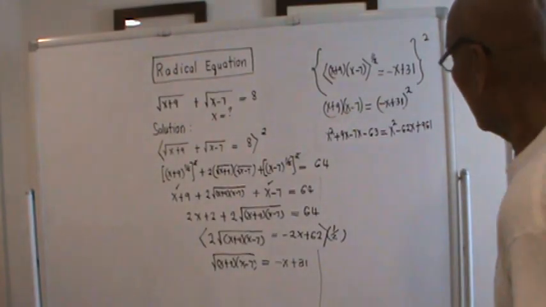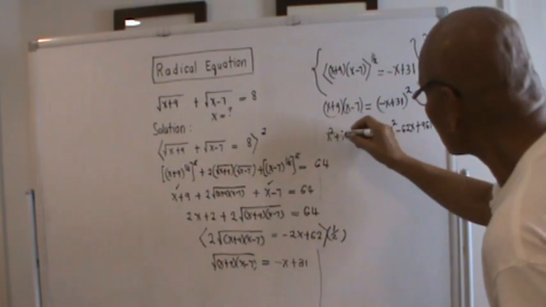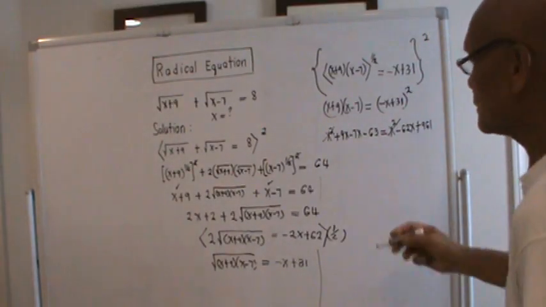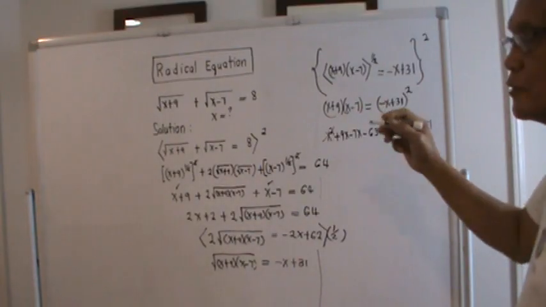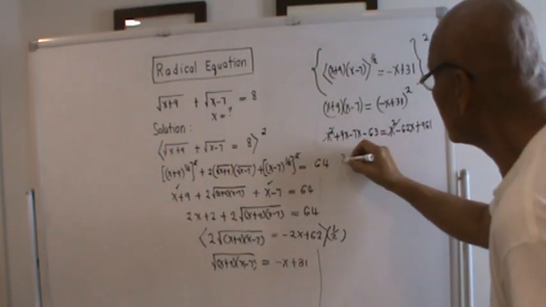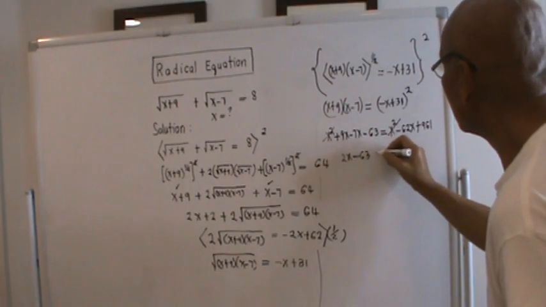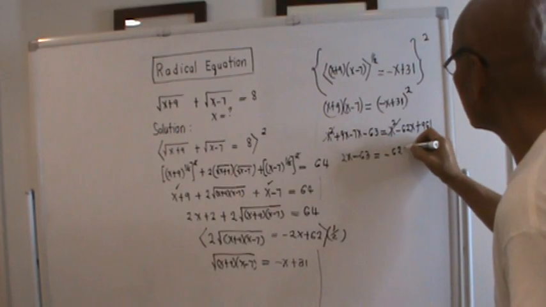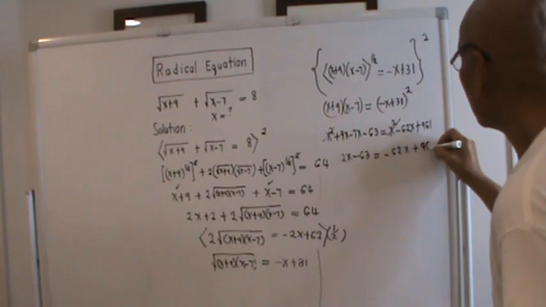If we notice, there is an x squared here and an x squared here, so this x squared cancels with this. Then the remaining equation is simply a linear equation containing x. We combine similar terms: 9x minus 7x will be 2x, minus 63, and this should be equal to negative 62x plus 961.